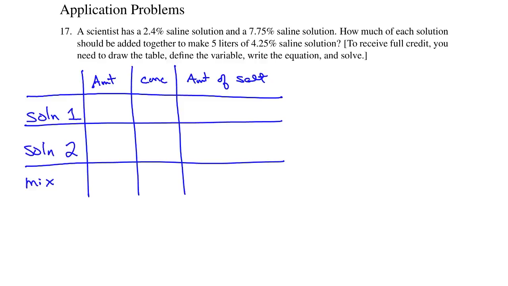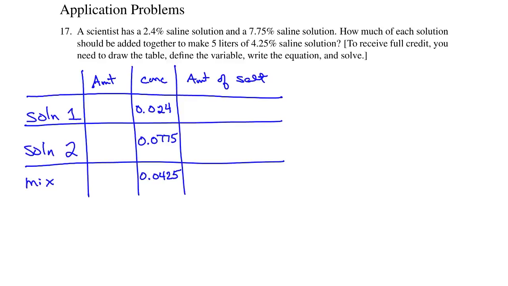Alright, so for the first concentration, we're going to use the 2.4%, so that's 0.024. And the second one will be the 0.0775 concentration. The resulting mixture should be 0.0425, 4.25%.